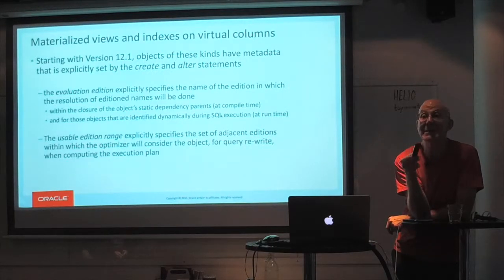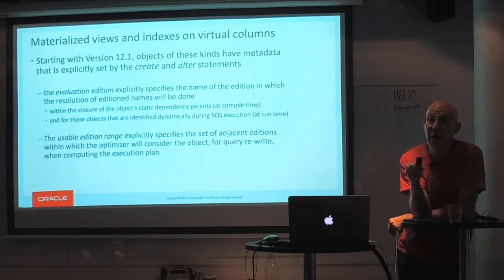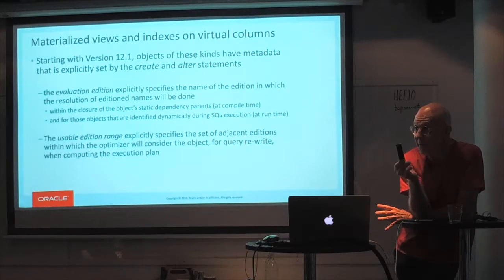And then if at some later stage you went through it, patch after patch after patch, where you didn't change the semantics at all, you would, as the closing stages of the EBR exercise, update the evaluation edition to point to the next edition, which is an innocent thing to do.